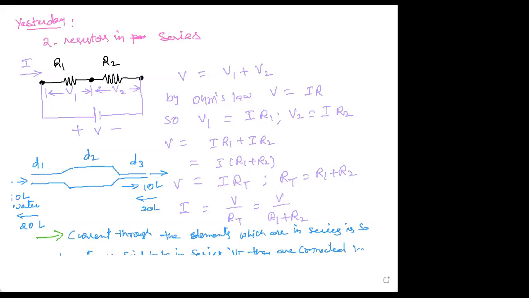Okay, two or more elements. I have just taken two elements, right? Two elements are said to be in series if they are connected in such a way that the same current flows through them. Is it clear?